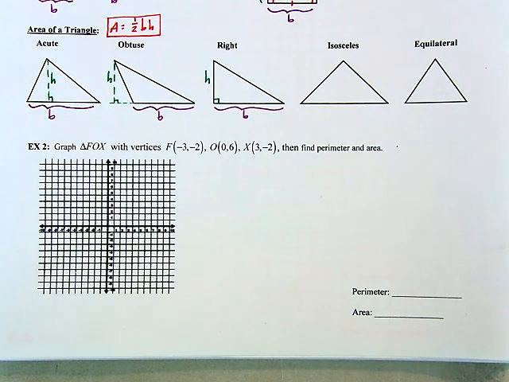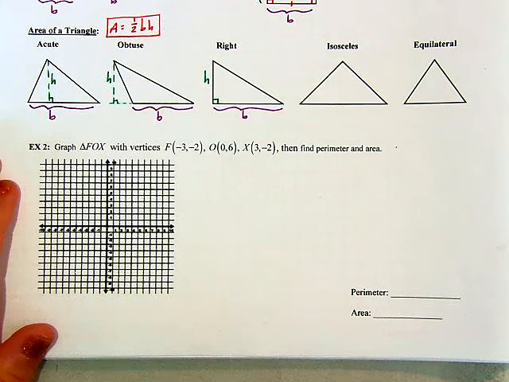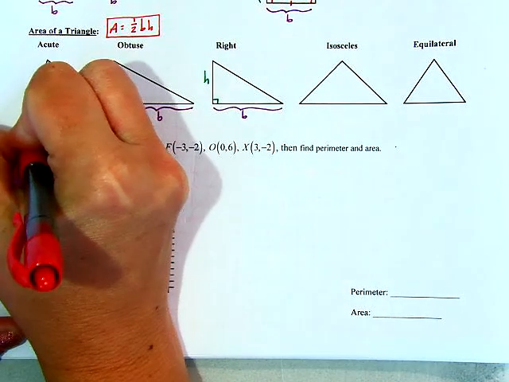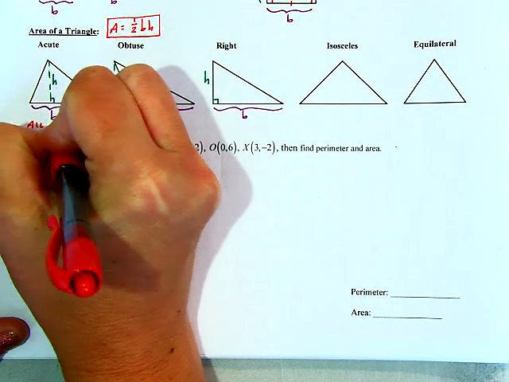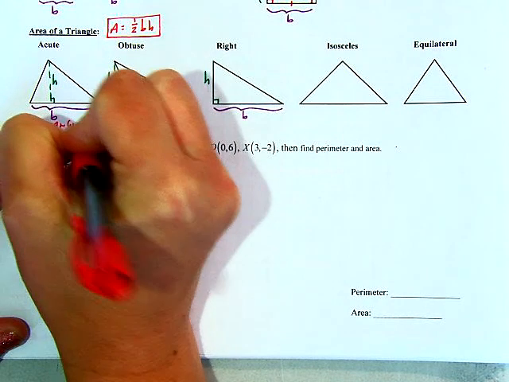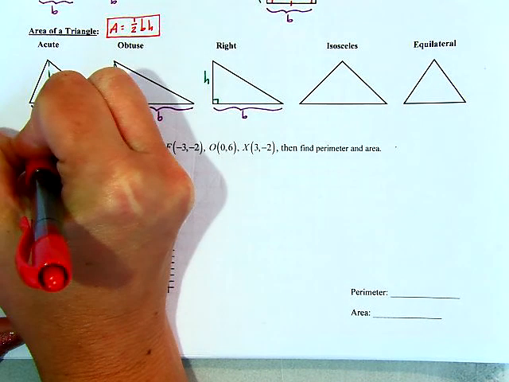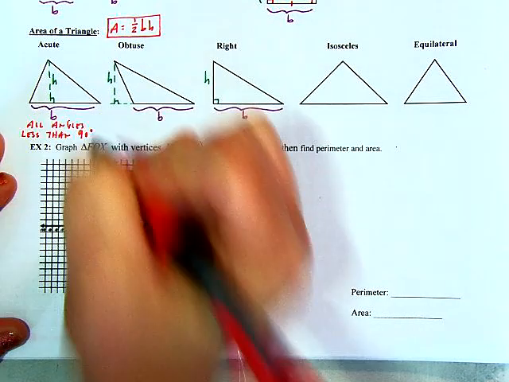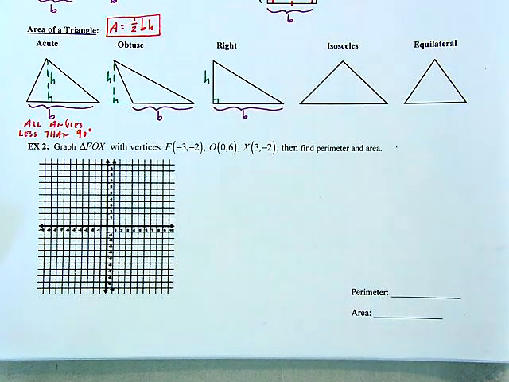Now I've said a few of these things, so let me just add it to our notes. For an acute triangle, all angles are less than 90.